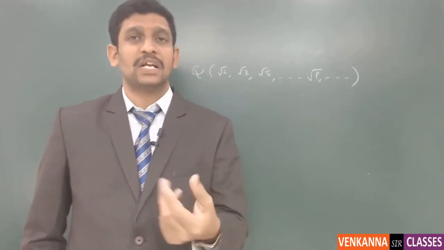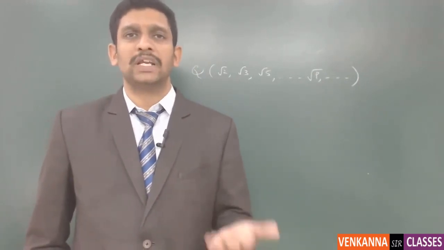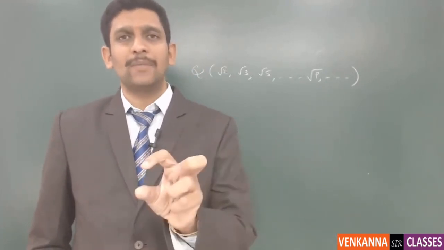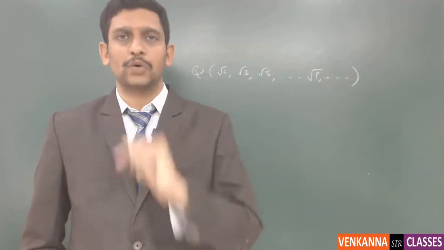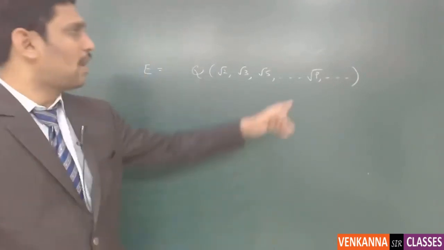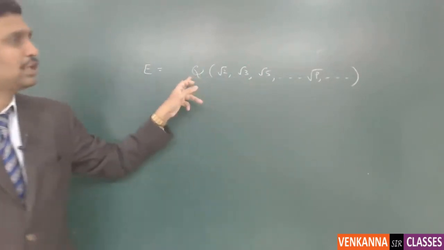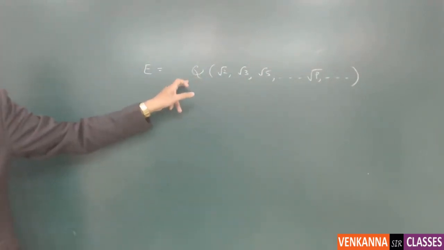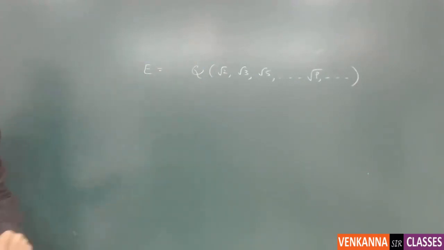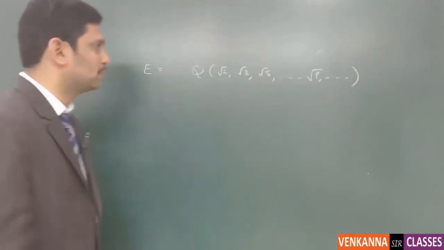We can have the set of positive prime numbers, 2, 3, 5, 7, 11, and so on. For all these prime numbers, you will consider the square root. They are irrationals. So all these irrationals are added to the field Q. This is the new field I have obtained. Now I say that this field is an algebraic extension of Q.